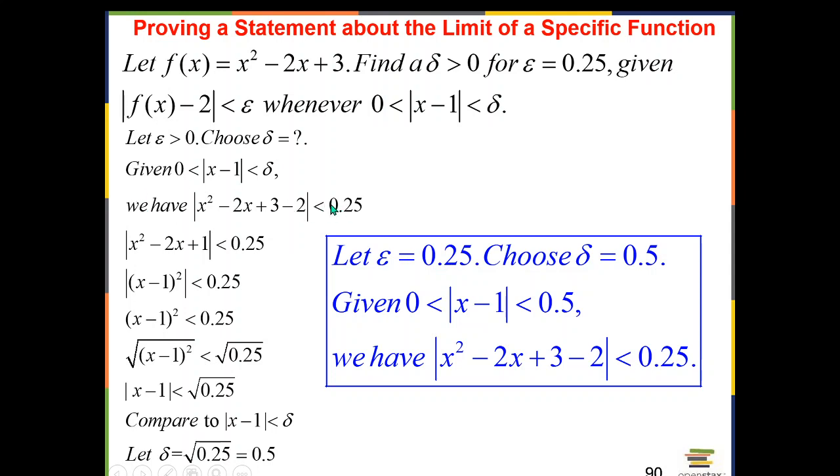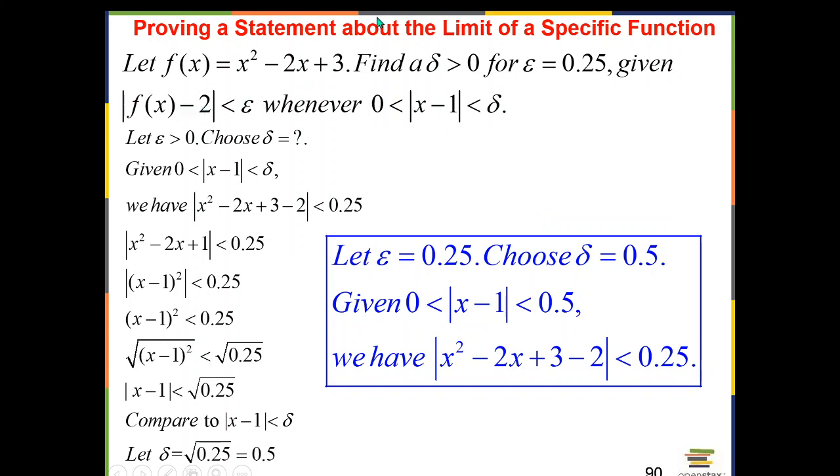We start with this expression, f of x minus, this is our f of x, right? Minus 2. How do we know the limit is 2? Because of what we're given here, right? We're not explicitly given the limit, but we know what the limit is because of this.